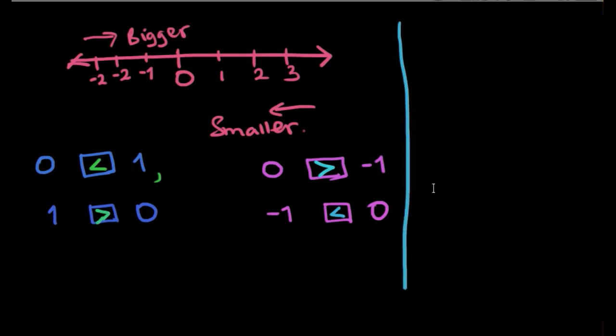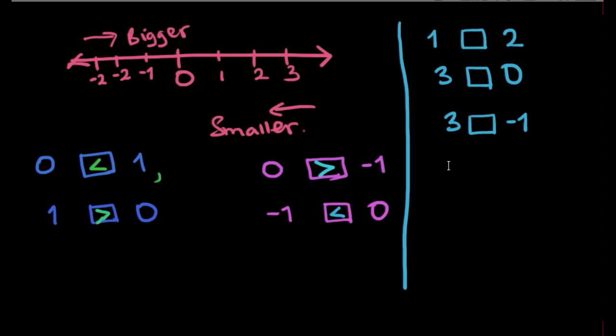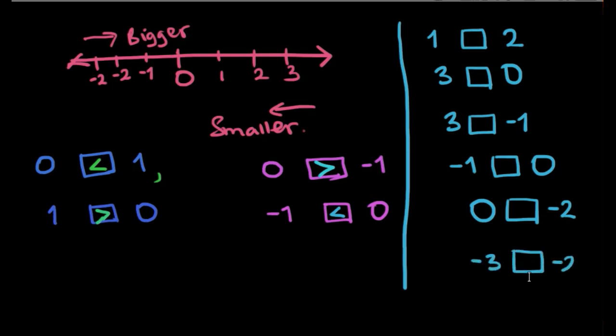Let's have a couple of numbers. Let's say we have 1 and 2, we have 3 and 0, we have 3 and negative 1, we have negative 1 and 0, we have 0 and negative 2, negative 3 and negative 2, negative 1 and negative 10.